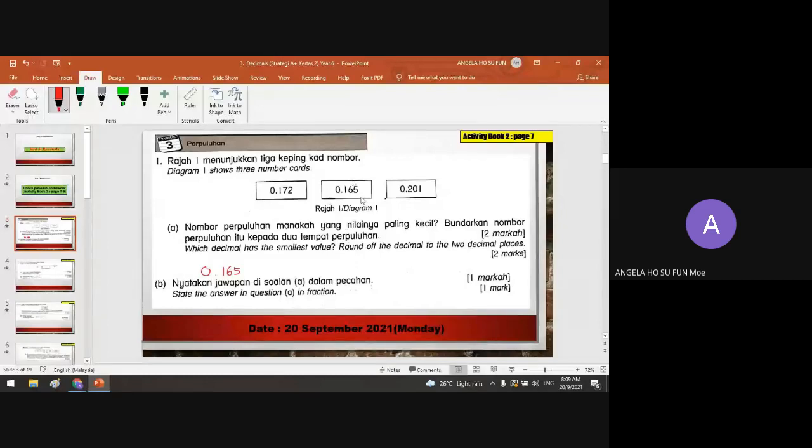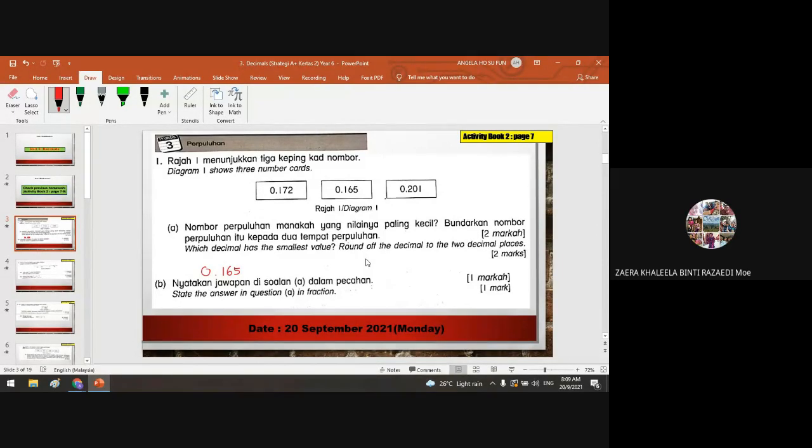After the decimal point, they have 1, 2, 3. I just want to leave 2 decimal places only. So what is the decimal number that will be formed after you round off the decimal number in this card into 2 decimal places? Teacher, yes.